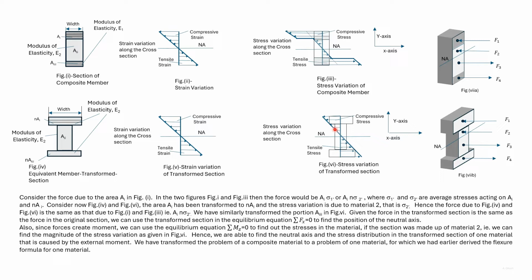In this case, we have N grouped with the area. So NA1 into sigma 2 dash gives F1.